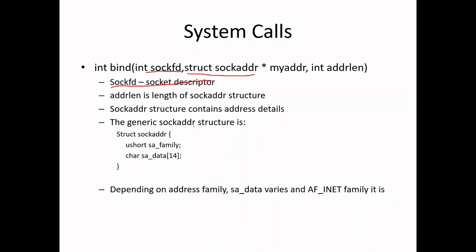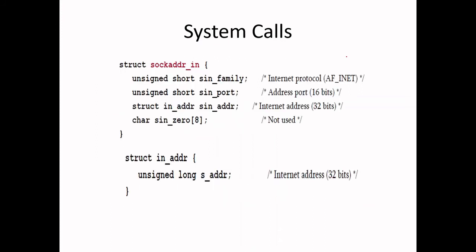Basically, this is a generic data structure which is the same for all families. Earlier we talked about a family: AF_INET is the family we will be using. AF_UNIX means the structure will have a different organization. But in the case of the AF_INET family, the structure looks like this.